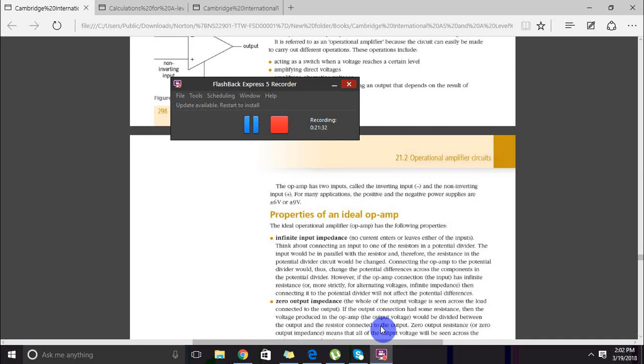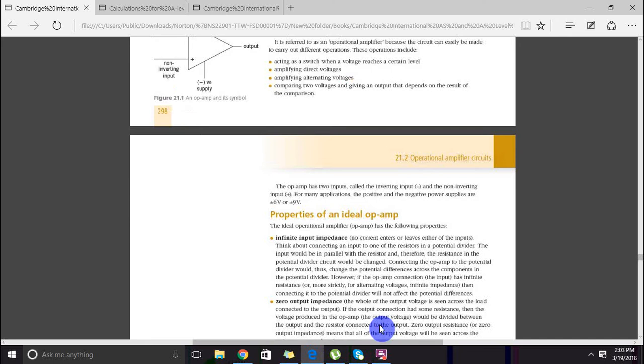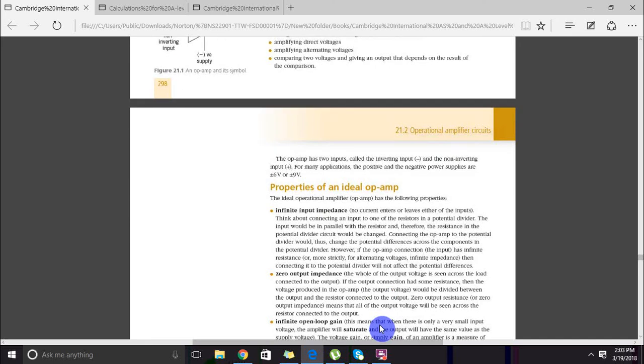So zero output resistance or zero output impedance means that all of the output voltage will be seen across the resistor connected to the output and none across the output itself. That's important. So that is the second property.